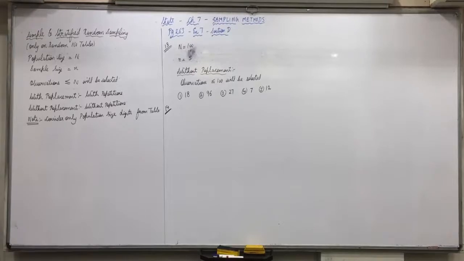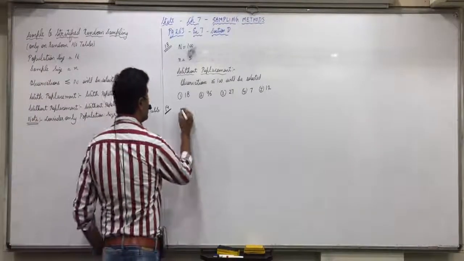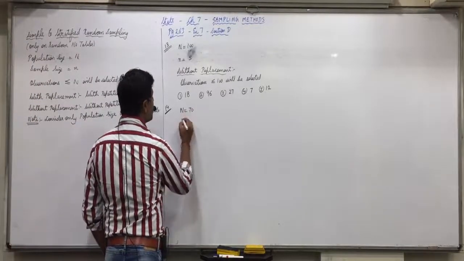Means in all the numbers, underline the first 2 digits: 27, 32, 92, 59, 66, 32, 91, 48, 78, 25, 00. 009 basically means only 9, because it's already a single digit number. And 88 and 1. Is everyone clear with this? So write down capital N is 70.